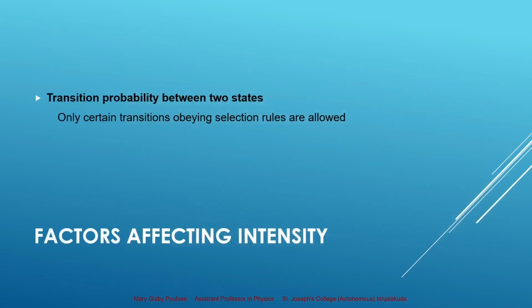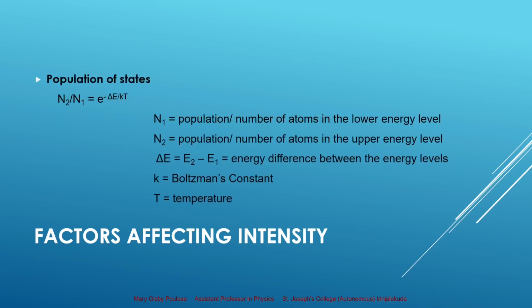Now let us look into the factors affecting the intensity or amplitude of the spectral transition. First one is the probability for transition between the two states. There are certain selection rules that are to be obeyed, and according to those selection rules, only particular transitions take place. The next factor is the population of the energy states.